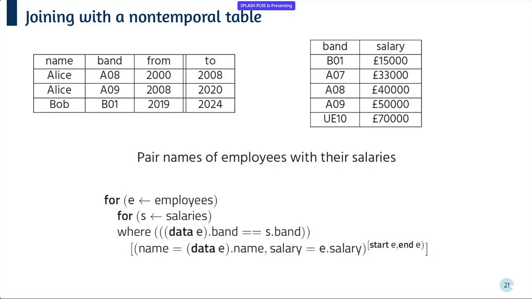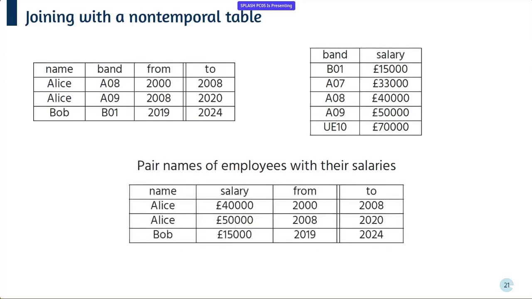So this is all well and good. And this will get you something a bit like this: we end up having the names of employees, the salaries, and the original to and from fields.